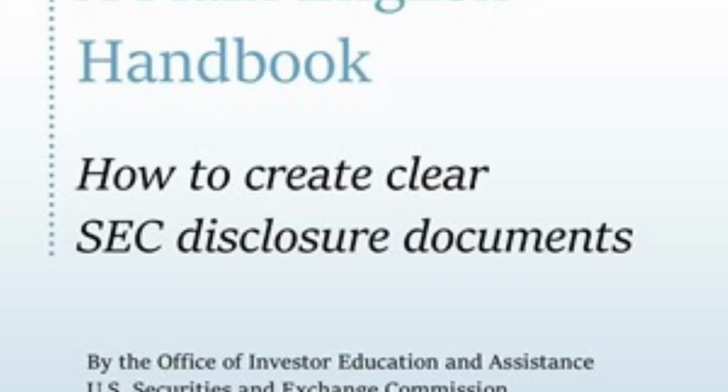Using plain English assures the orderly and clear presentation of complex information so that investors have the best possible chance of understanding it. Plain English means analyzing and deciding what information investors need to make informed decisions before words, sentences, or paragraphs are considered.